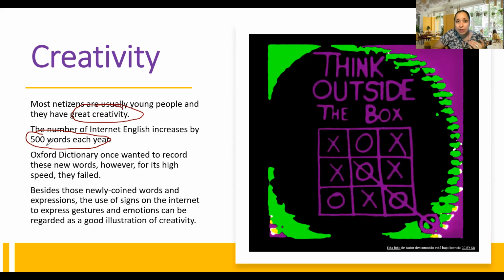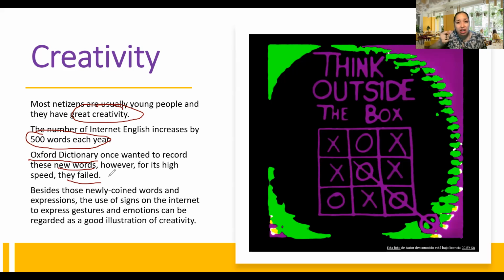That's crazy. At some point, the Oxford Dictionary, a very common place, they actually print very nice dictionaries. I have a couple of them at my office, not with me right now, but I use them a lot. They once wanted to record these new words, but 500 every year, that's a lot. So it's like they failed.